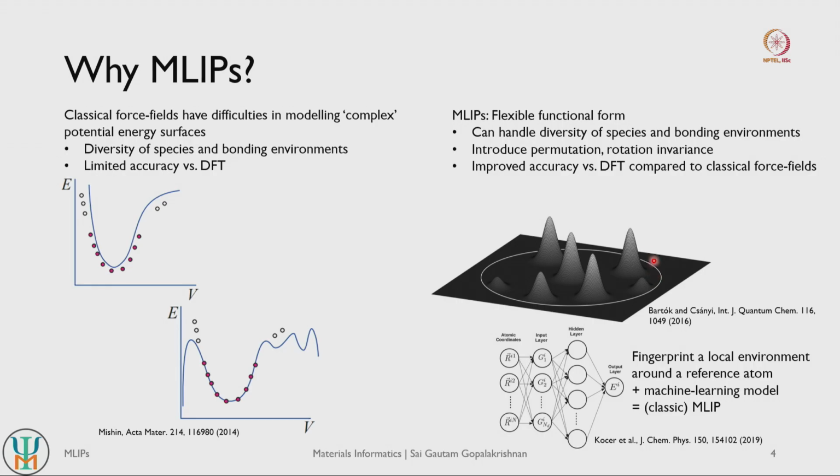We now find a way to fingerprint what this bonding environment looks like for this atom of interest: how many bonds it forms, what types of bonds it forms, and what type of species are present within this bonding environment. Once we have successfully fingerprinted it, we can then repeat this process for all the other atoms that are present in the structure.